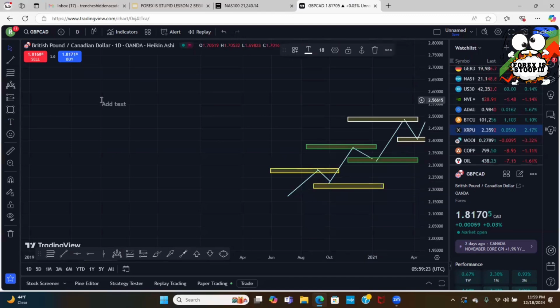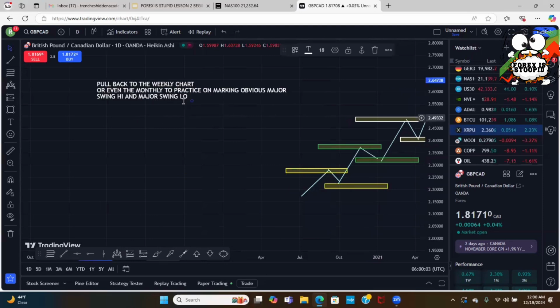Pull back to the week chart or even the monthly to practice on marking obvious major highs, right? You should definitely do that. It's gonna help you with your eye. It's gonna help you mark them. You can even go down to your day, so you can do your monthly, your weekly, and even your day.